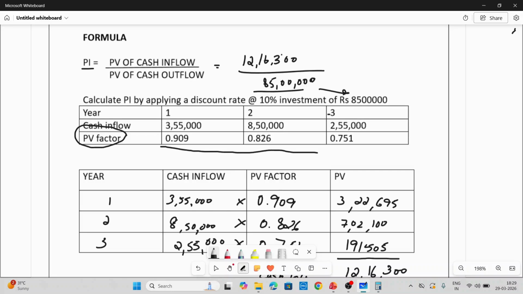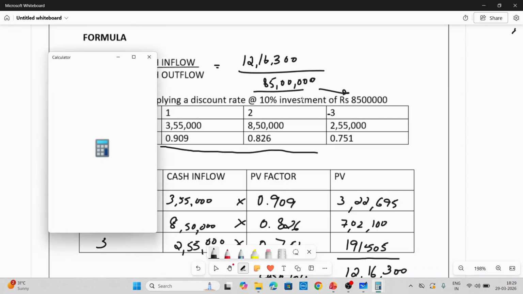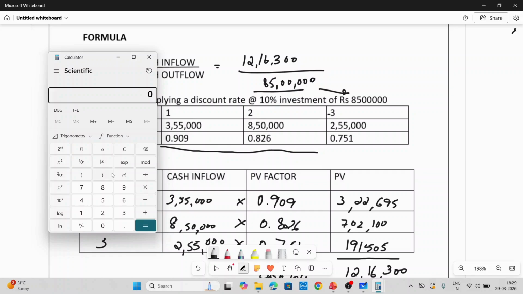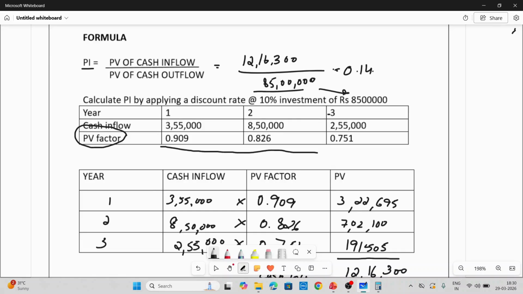So what do you get if you divide these two? 12 lakh 16,300 divided by 85 lakh. What's the answer? It's 0.1430.